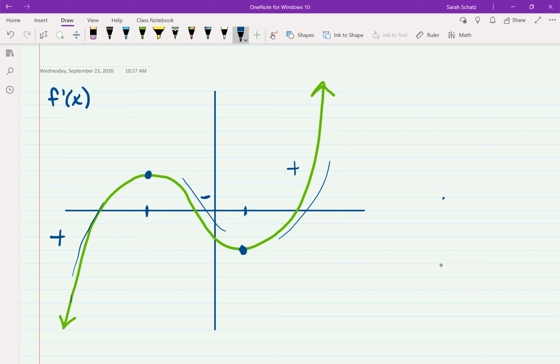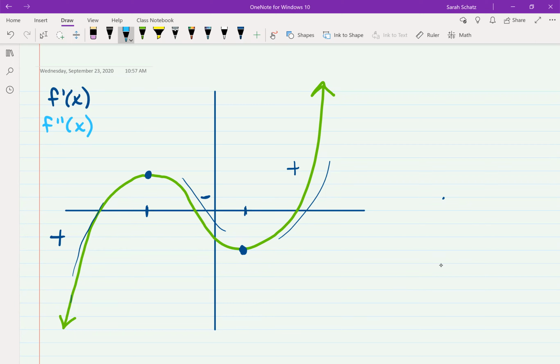But we're going to talk about the second derivative today. Before I show you how to find the second derivative, and we will find multiple second derivatives today, I want to show you what it tells you from a picture. What the second derivative doesn't tell you is where it's increasing or decreasing. That's the first derivative's job. What the second derivative tells you is how it's increasing or decreasing.